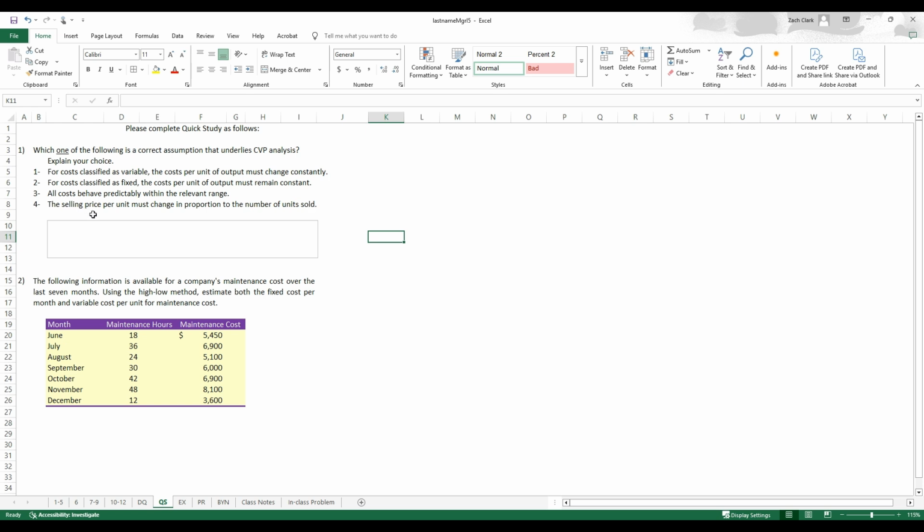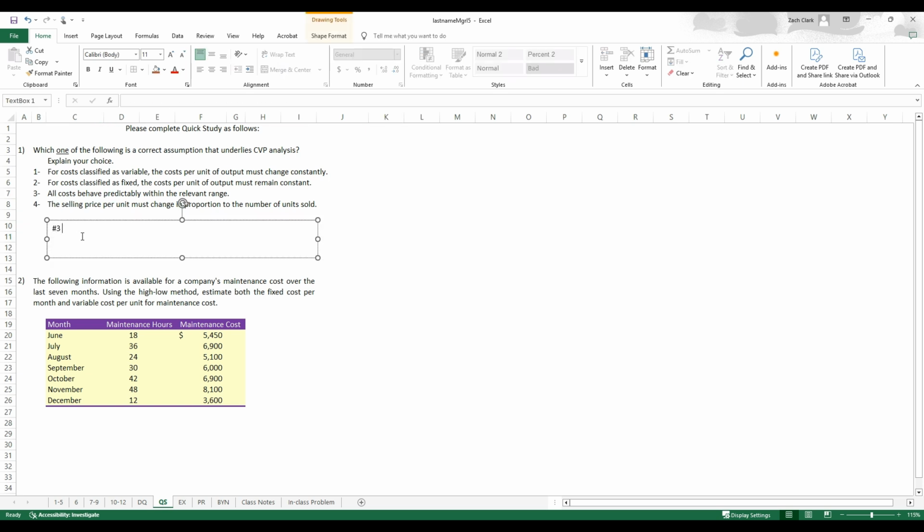Yeah, that doesn't make any sense. The selling price per unit stays the same generally. I mean, that's kind of up to our decision point there. In the problems that we're working in this chapter, we're assuming that the selling price per unit stays consistent.